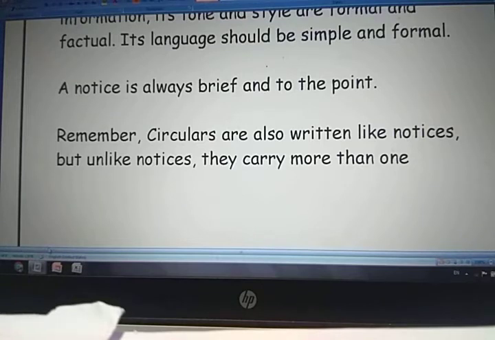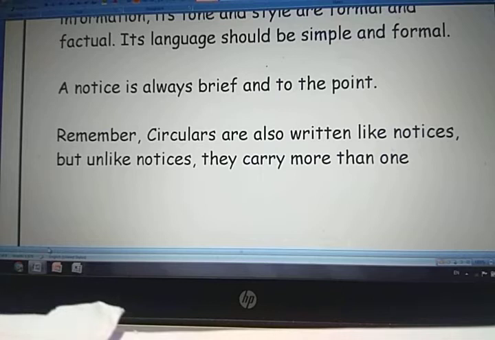Remember, one more thing. A number of children may have a doubt whether a circular and notice are synonyms or what. But circulars are not equal to notice.